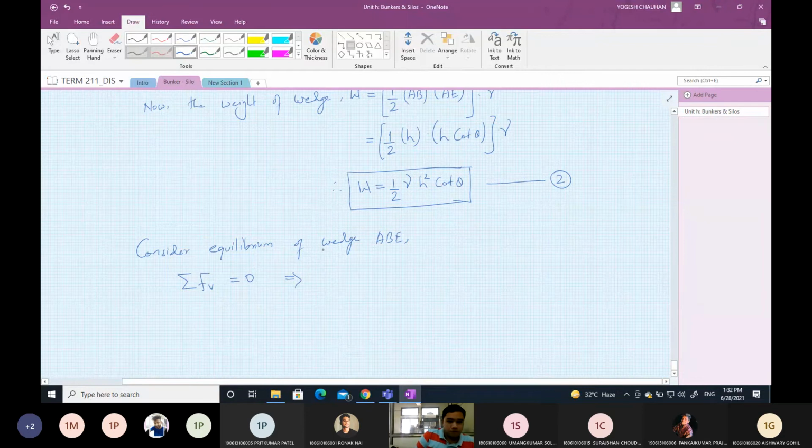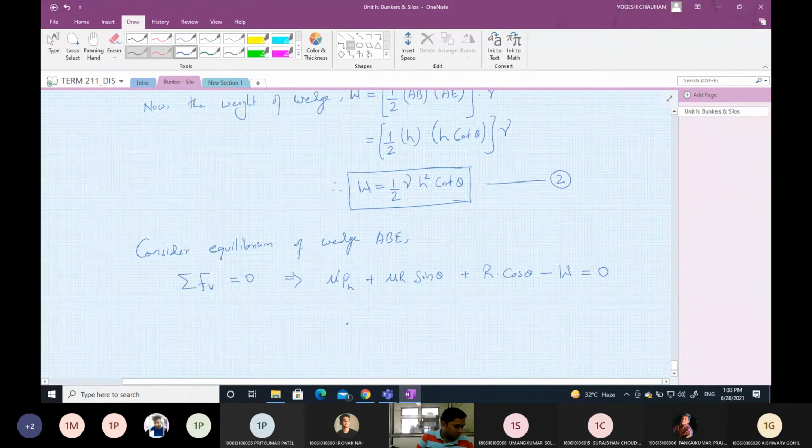So this implies mu dash pH plus mu r sin theta plus r cos theta minus W, that is the weight of the wedge, this should be equal to 0.